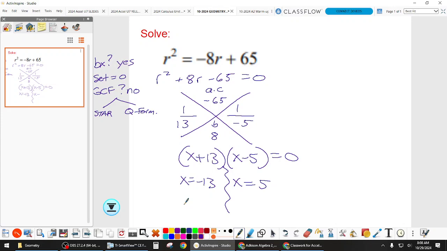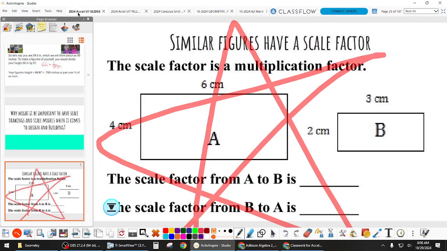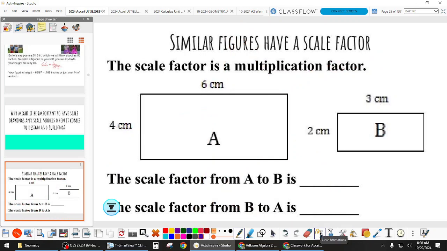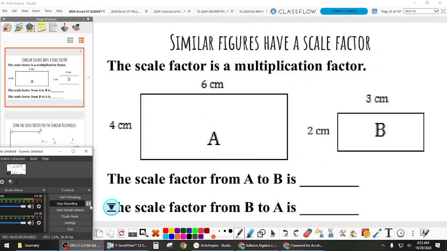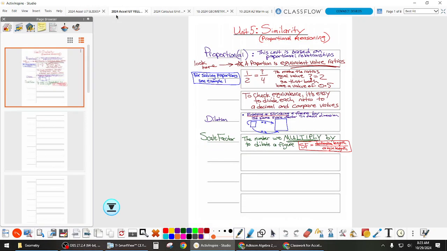Awesome. All right. Grab your stuff from yesterday, and let's pick up with this. Oh, you know what? Before we do that, we're going to talk tests. Remember, this whole unit is really about proportionality, and that just means we have an equivalent value between two ratios, or more. It could be 3 or 4 or 5.